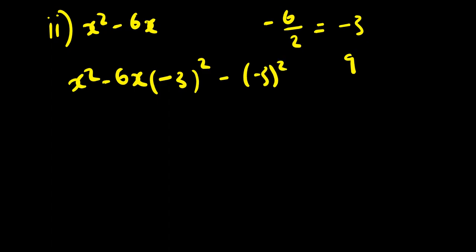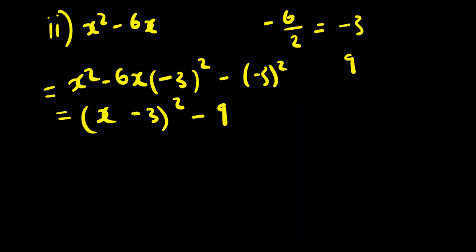We ignore this, and the ones with the squares, we put them in one bracket. So we're going to say x minus 3, we put that in bracket, minus negative 3 squared, that is just 9. Okay, we've expressed it by completing the square.